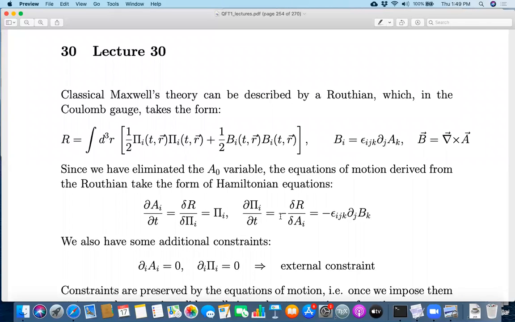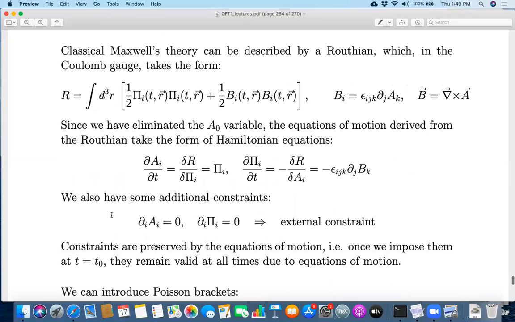And del pi_i del t is minus the functional derivative of R with respect to A_i. With some little work, one can show that this is given by minus curl of B. To do this, you have to write B in terms of A, then calculate the variation, and then rewrite this in terms of B.